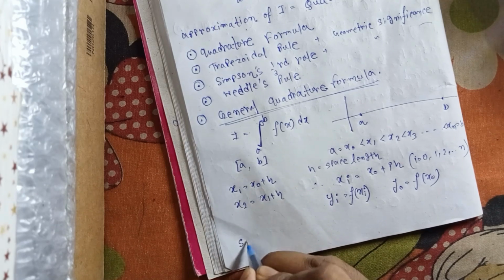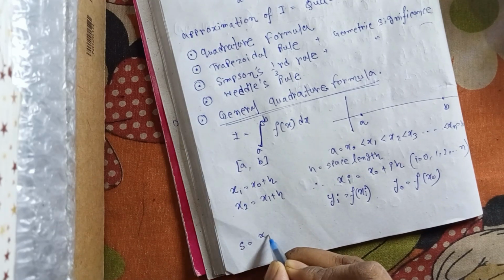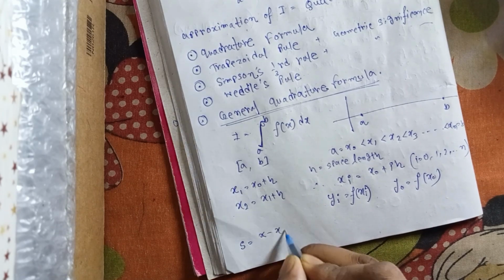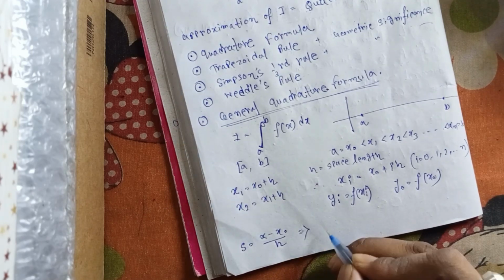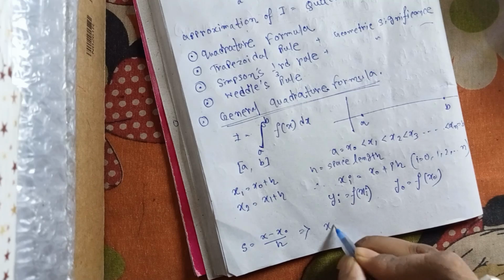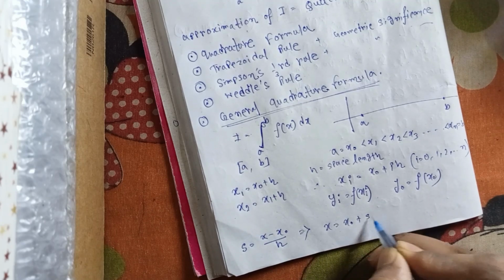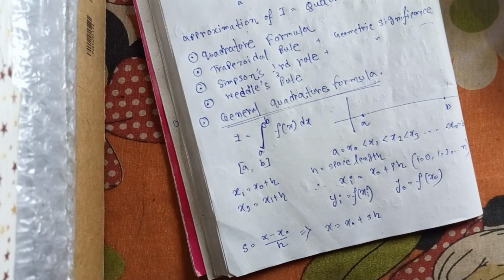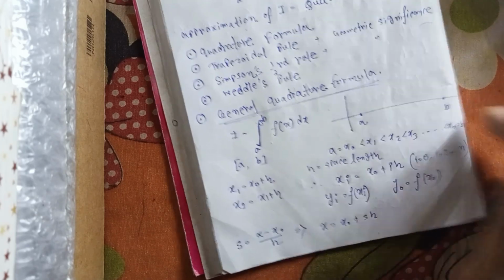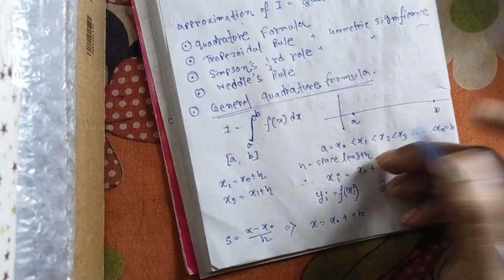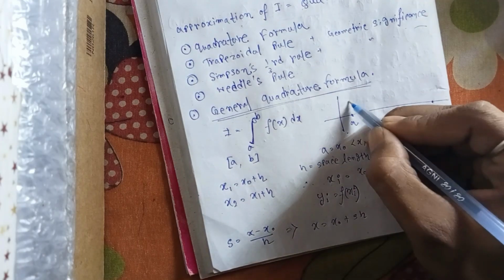Suppose that, by this way we can write that f of x0 plus sh. This means we integrate our function from a to b in total.